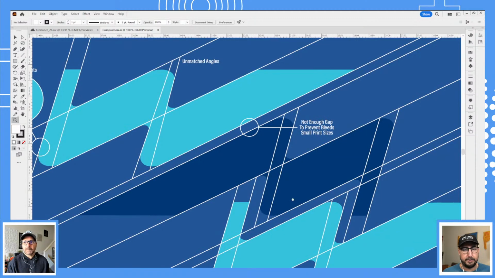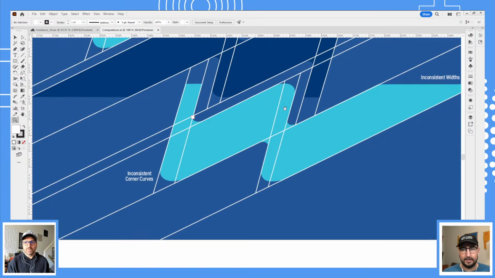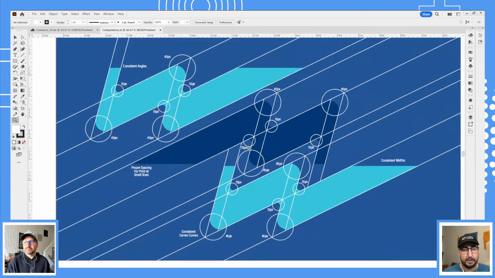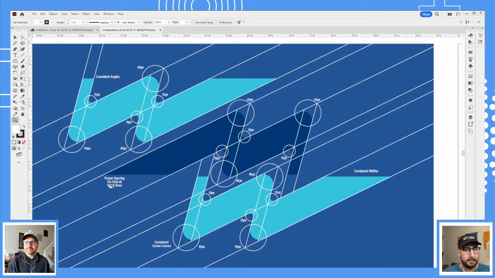There's not enough gap to prevent bleeds. There's inconsistent corners, inconsistent widths, and then I got to go through and say, hey, here's how I fixed all of those problems: proper spacing, consistent angles, and got to outline the process. So this was a really good practice for them to be able to refine, and for me to say, hey, it's not that your work is crap.